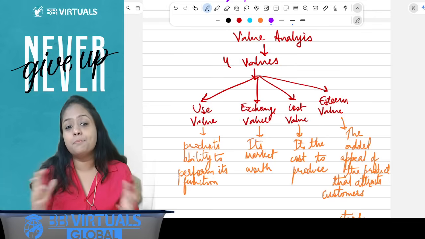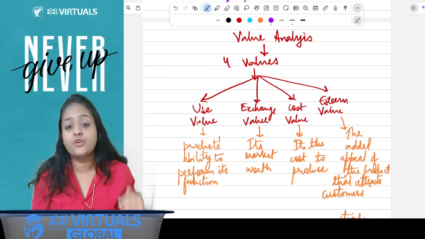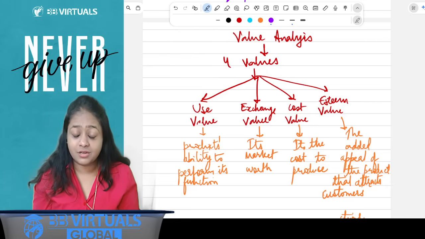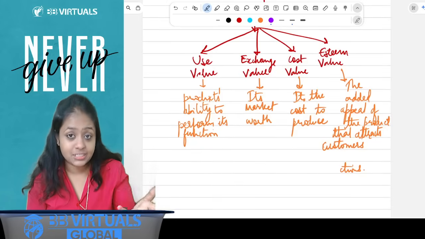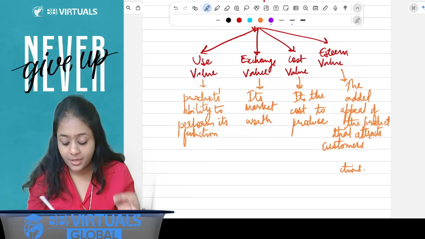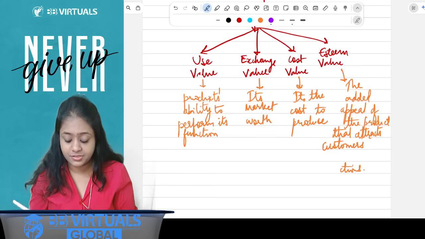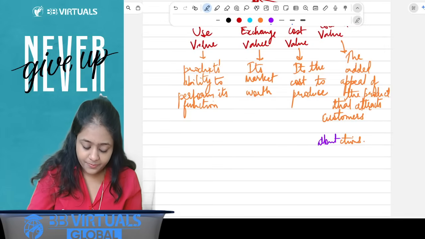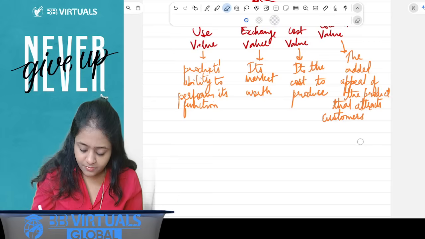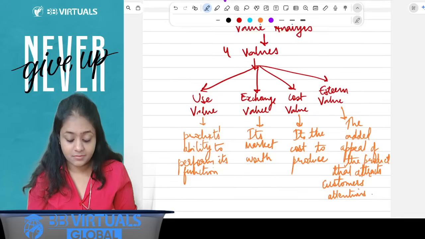Cost value is simply the cost to manufacture the product, to make it ready for sale. And the prestige value, or we call it esteem value, is simply the status value, the added appeal of the product that attracts customers' attention.